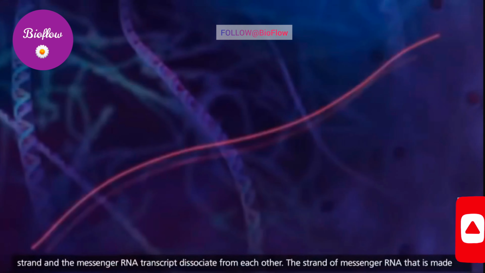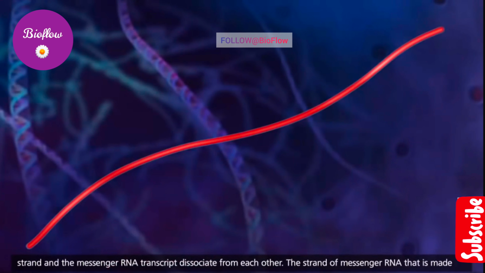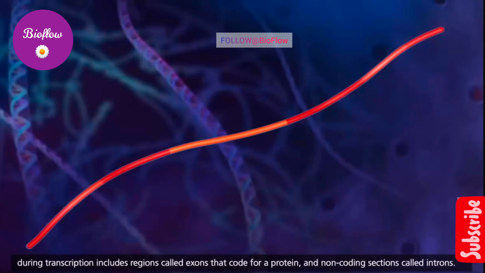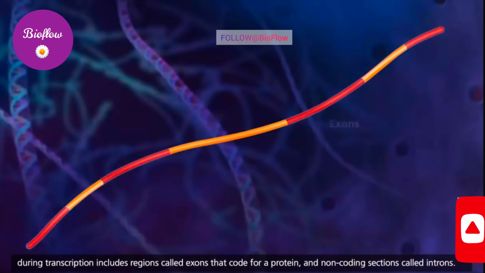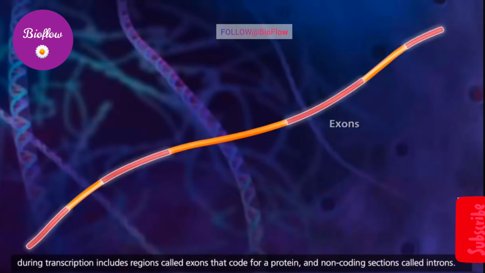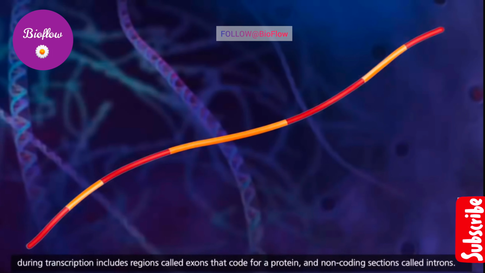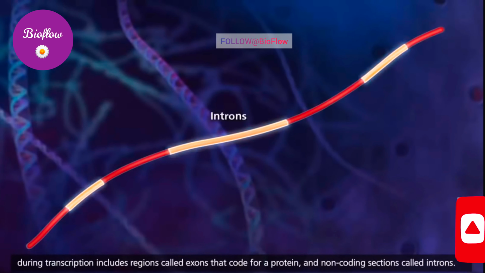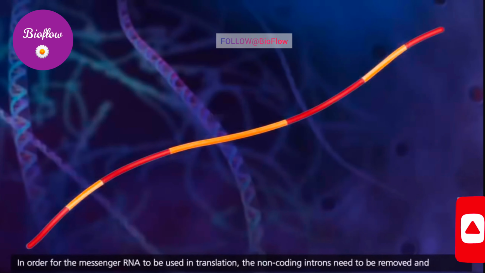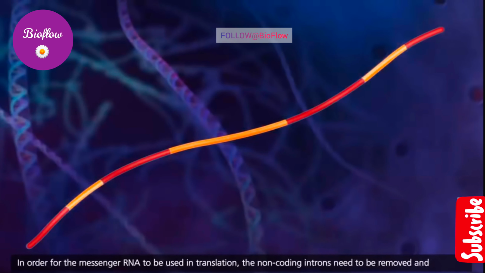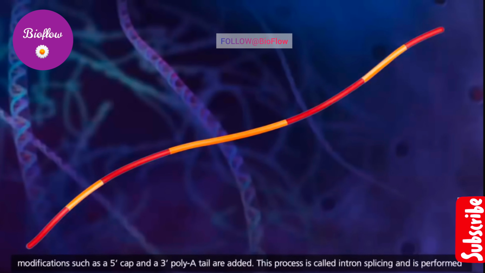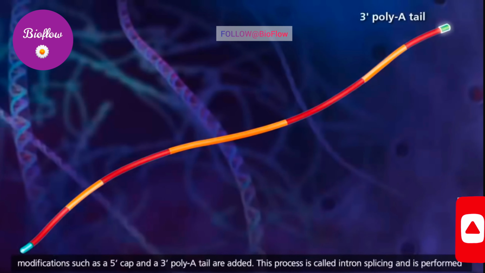The strand of messenger RNA that is made during transcription includes regions called exons that code for a protein and non-coding sections called introns. In order for the messenger RNA to be used in translation, the non-coding introns need to be removed and modifications such as a 5' cap and a 3' poly A tail are added.